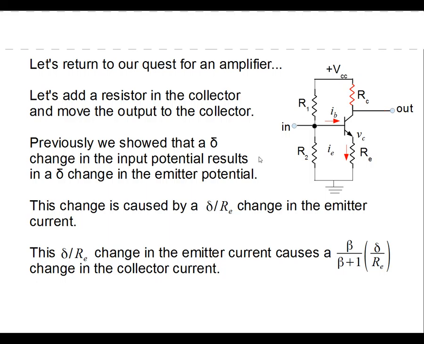So I'm going to start by assuming that I properly biased it. I'm going to bias this so that this point right here, the base voltage, is equal to 4.7 volts plus some little delta. And so this is going to be representing my signal. Delta can be positive or negative.